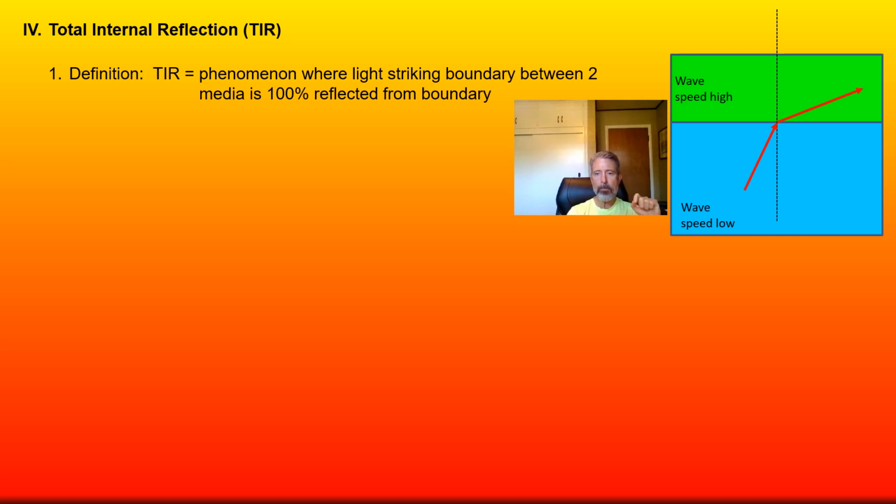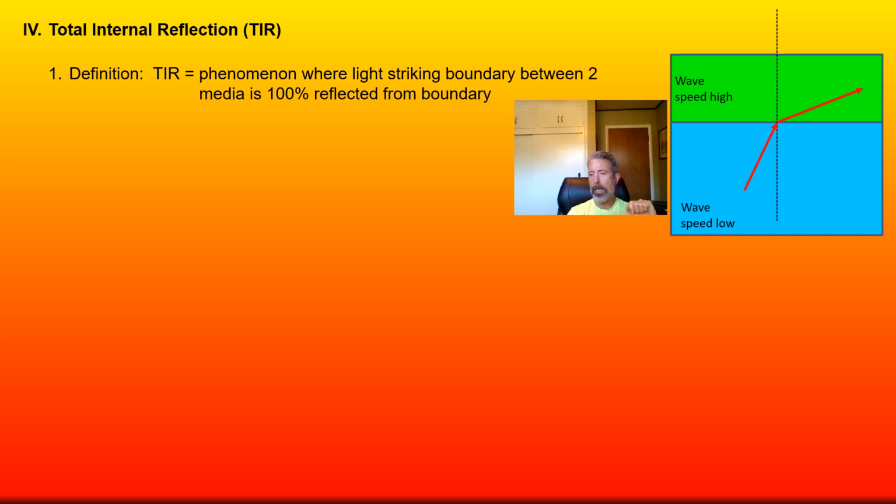Anytime we have a wave going from a more optically dense medium to a less optically dense medium, described by a lower index of refraction, then we know that the refracted ray gets bent away from the normal, as I'm showing you here with the red rays.